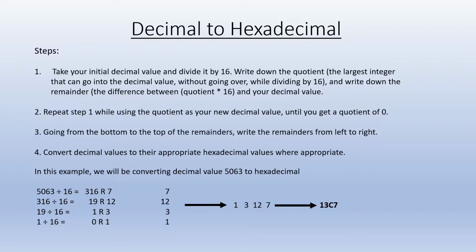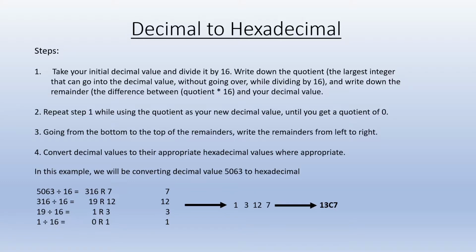For example, at the bottom, I said that we're using decimal value 5063. You take your initial decimal value and divide it by 16. You write down the quotient to the side, and the quotient is the largest integer that can go into the decimal value without going over, while dividing by 16 in this case.